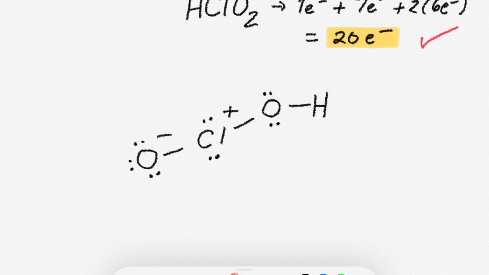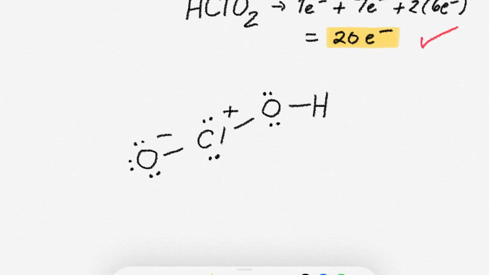Now that we have done formal charges, we need to ensure that our formal charges agree with what we understand about electronegativity. So what do I mean by that? What we want to do is make sure that in every bond, the most electronegative atom was assigned the most negative formal charge.